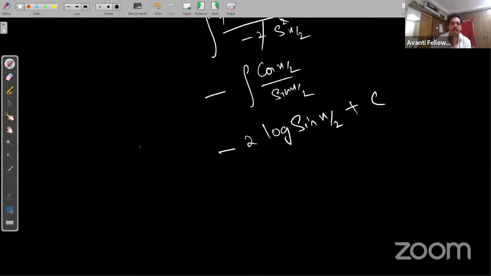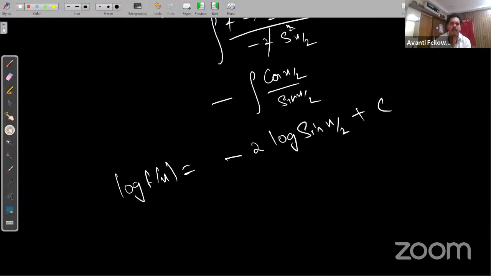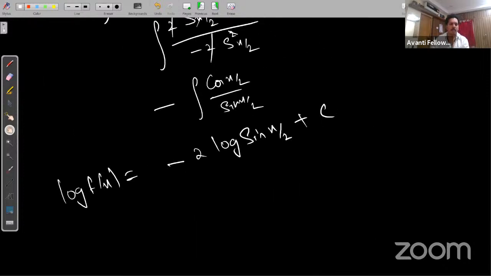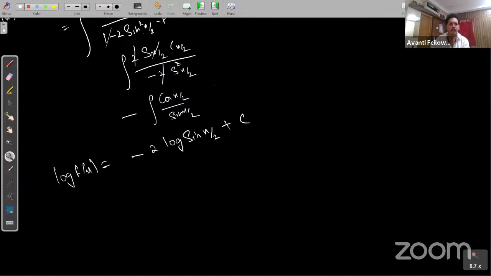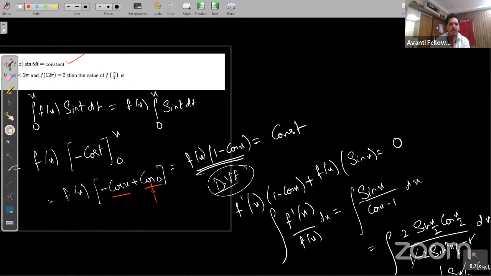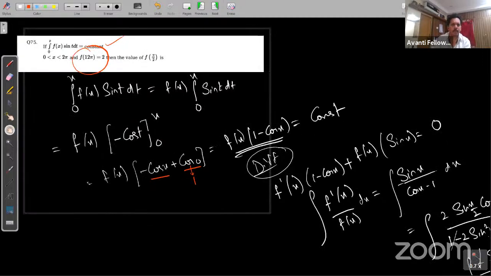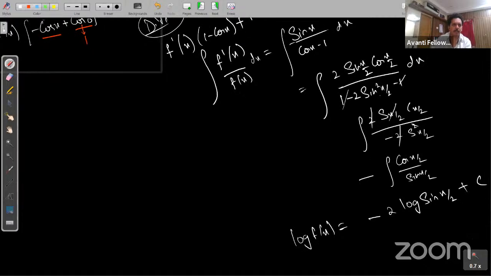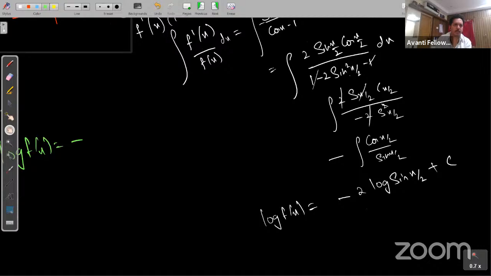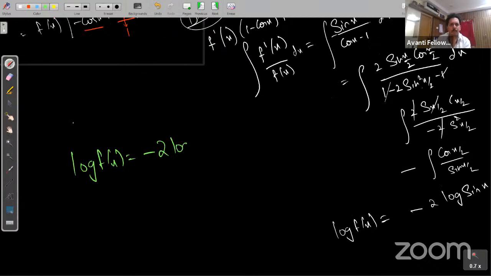For simplification, this is very important. And here we got log of f of x, right? In LHS, log of f of x. So this is the equation we got. Now what he has given to us is that f of 12 pi is equal to 2. I'm rewriting my function here. What is the equation we got? Log f of x is equal to minus 2 log sin x by 2 plus c, right?